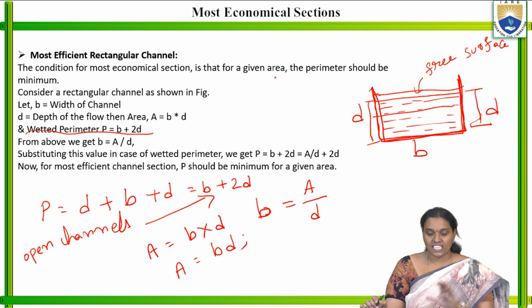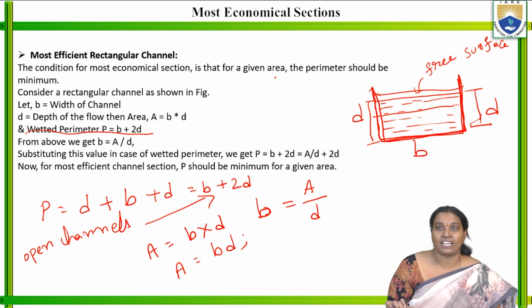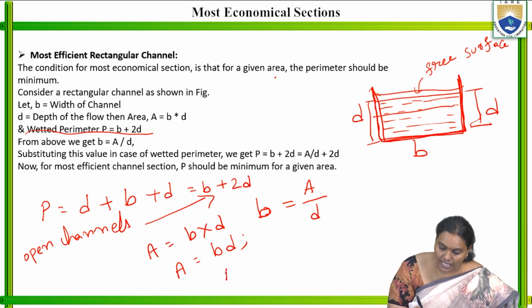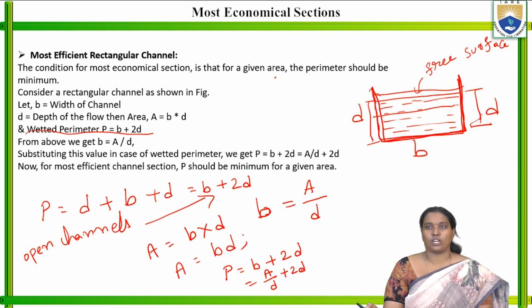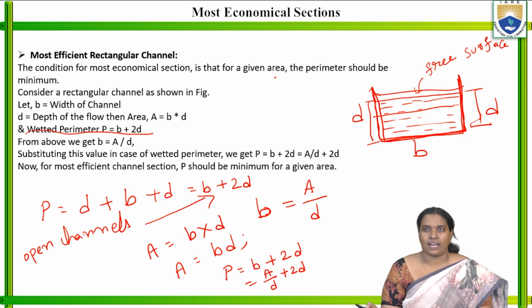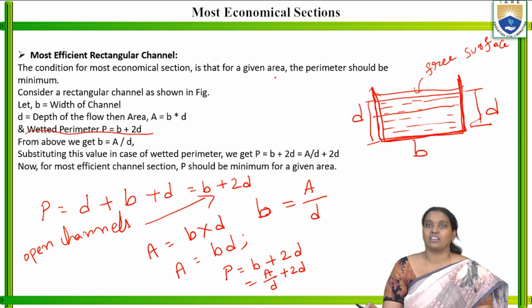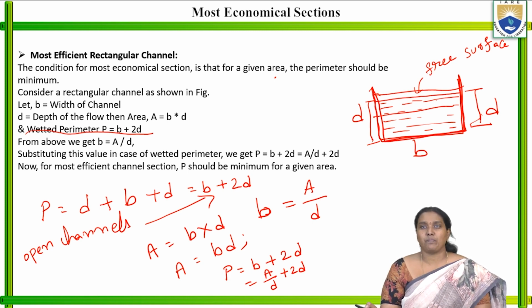So substituting these values into the wetted perimeter, P is equal to B plus 2D, but B is equal to A by D, so P is equal to A by D plus 2D. For the most economical channel section, discharge is maximum. It means wetted perimeter should be minimum for a given area.